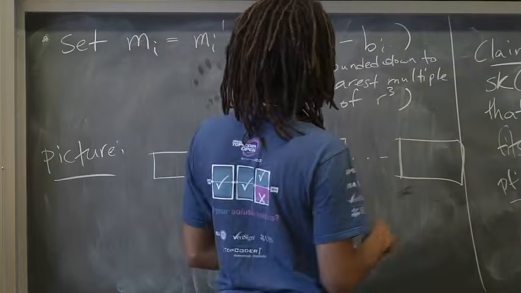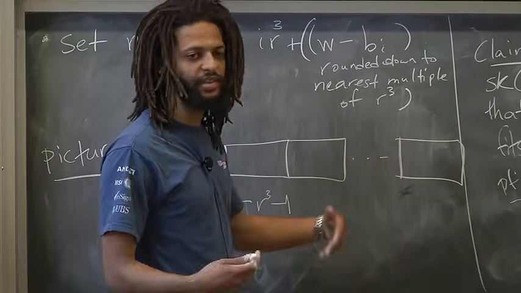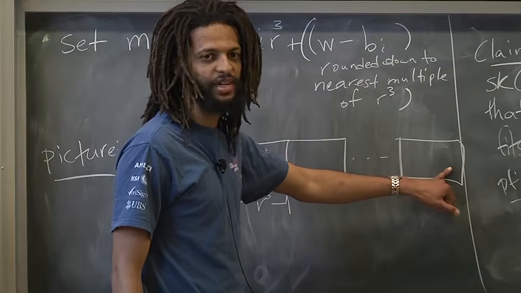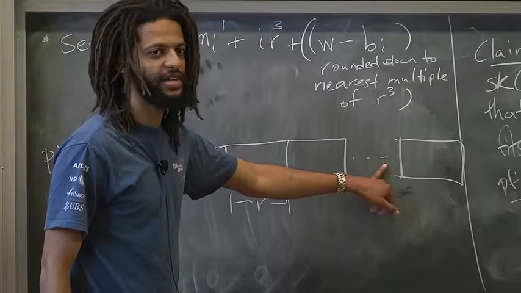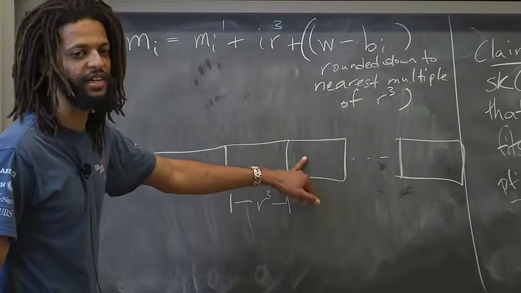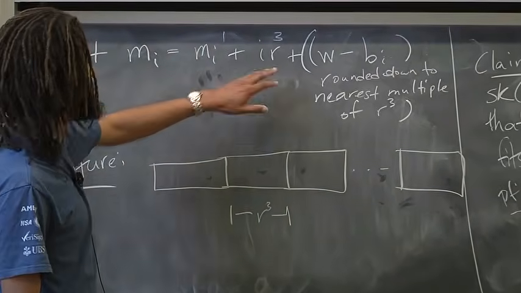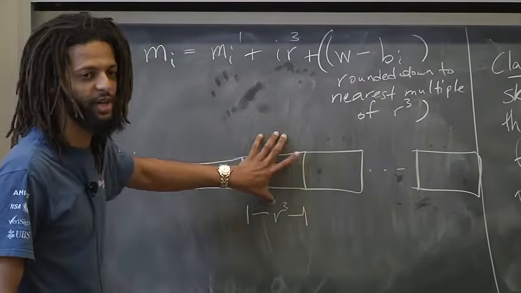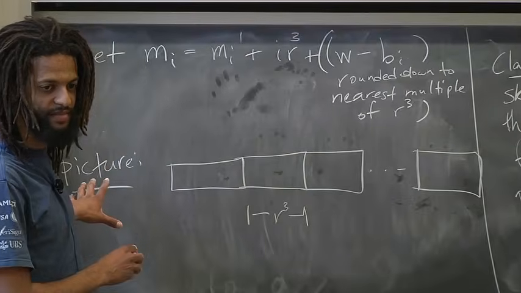And so we have some bi. The thing that we want is b0 plus m0 is somewhere in here, b1 plus m1 is somewhere in here, b2 plus m2 is somewhere in here, et cetera. That's why we add on this i times r cubed to shift us over by r cubed each time so that things are in different blocks.